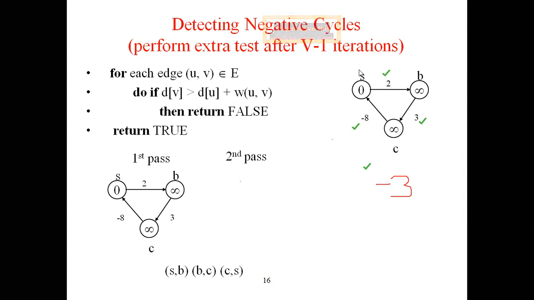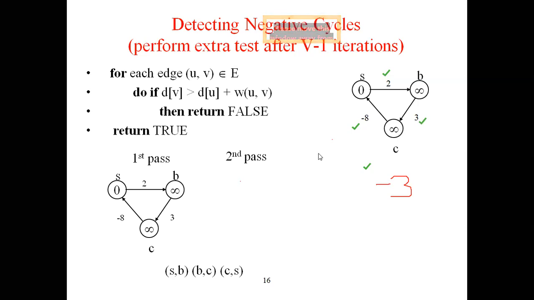Now d[B] is infinity. When you consider the S to B edge, it is 0 plus 2, which is 2. 2 is less than infinity, so you can update d[B], the value at B, as 2.